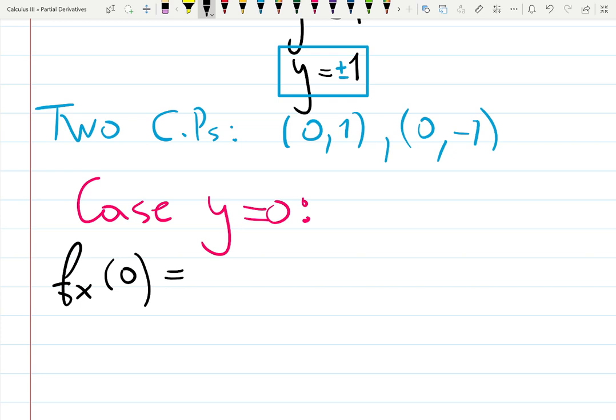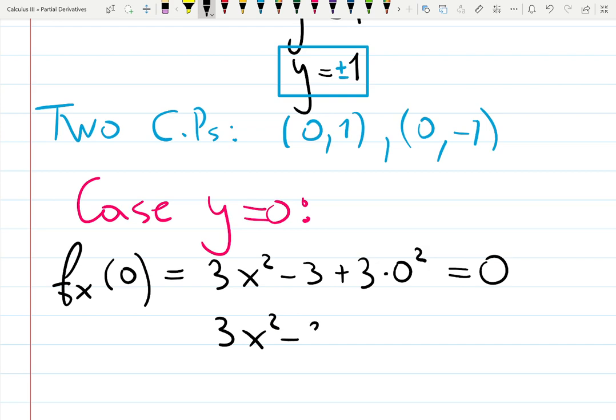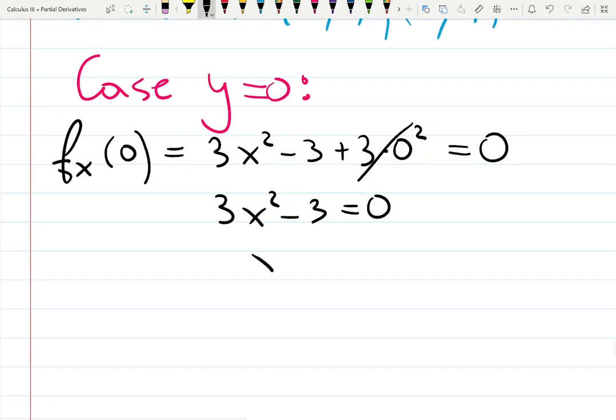That will give you 3x squared minus 3 plus 3 times 0 squared. And this must be 0 in order to count as a critical point. Solving 3x squared minus 3, because this is 0, gives you 0. And you have the same situation, x squared equals 1, x equals plus or minus 1.